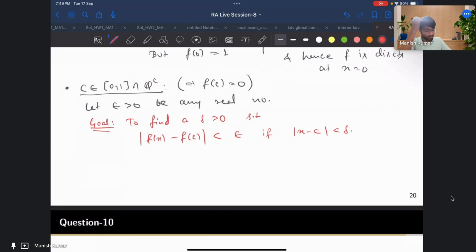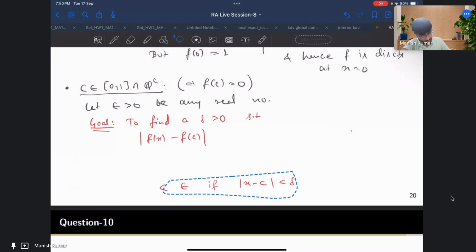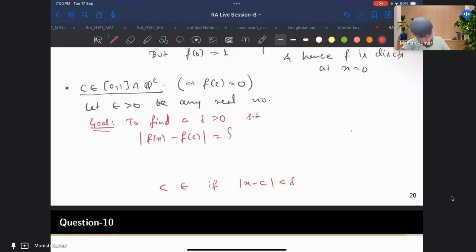Okay, so now you see how this difference will look like. We have to check how this difference looks, then we'll go to the solution. So this is something that we want to prove. Now let us look at this difference. If I am choosing x to be irrational, then this difference is going to be 0, right?